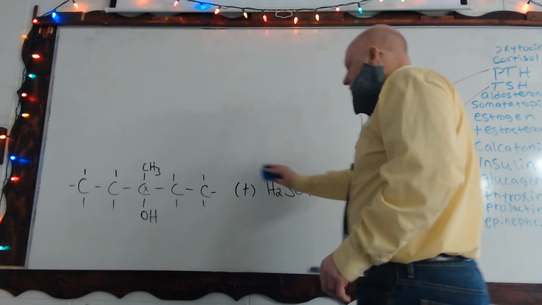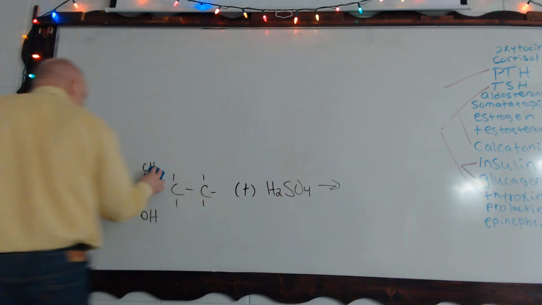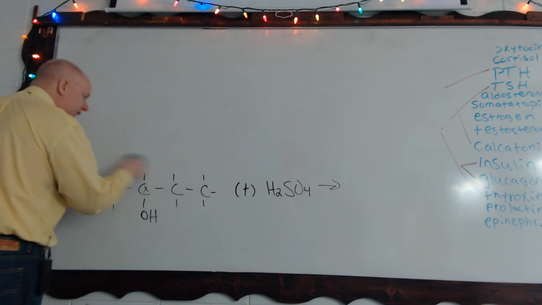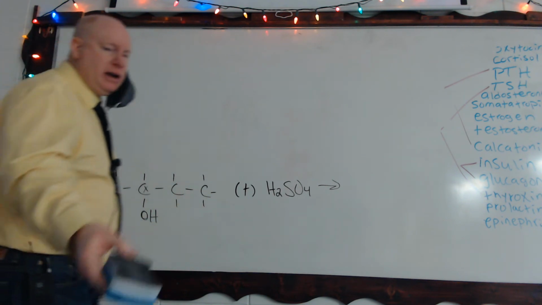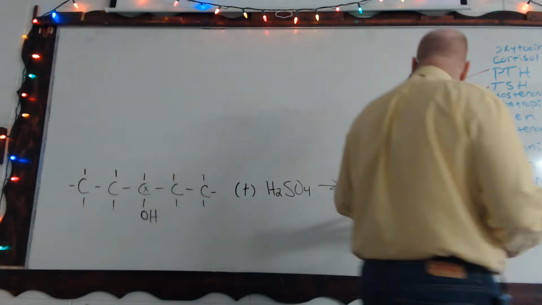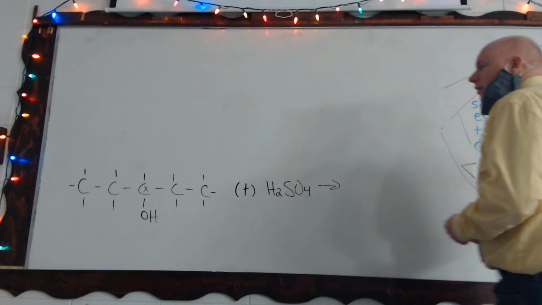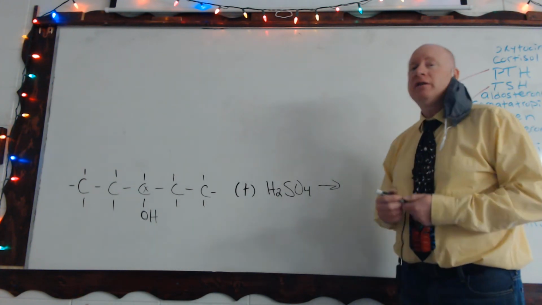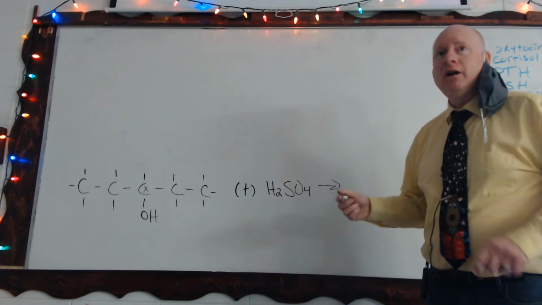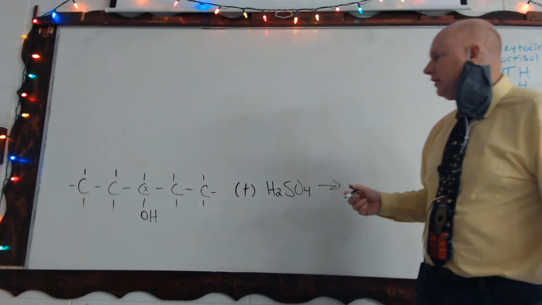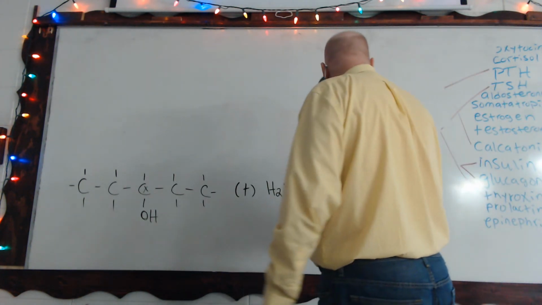Well, we can't use this, but if we take this methyl group off of here, now we've got a secondary alcohol. And if we look at our charts, we know that secondary alcohols are going to do something very specific. We still have all 5 carbons.